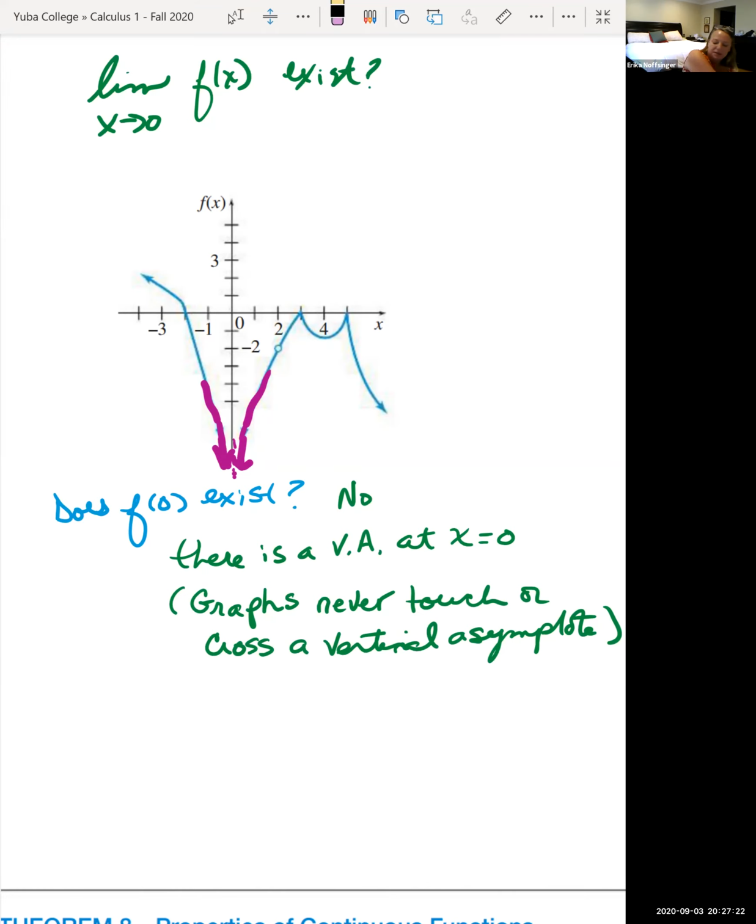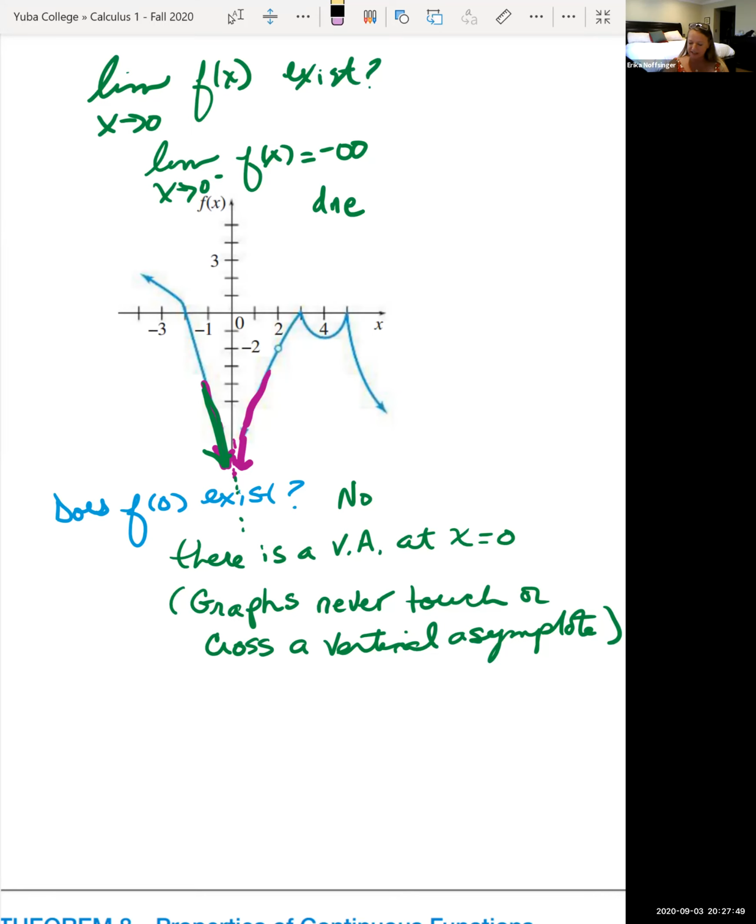If I look at the limit as x is approaching 0 on the left-hand side, there's no one y value it's going to hit. It's just going down forever. And so the limit as x is approaching 0 on the left of f of x is equal to negative infinity. That just tells us the direction it is, but it doesn't exist.